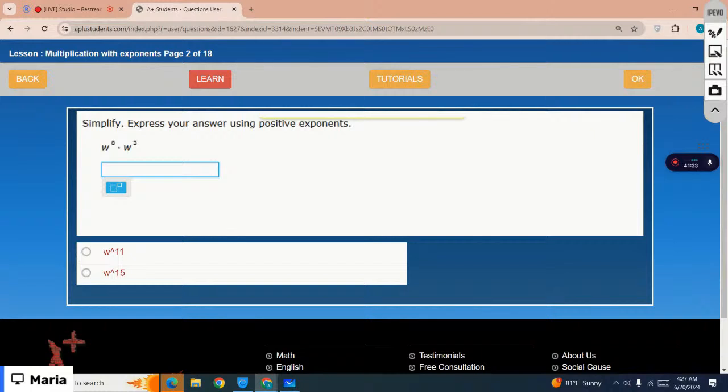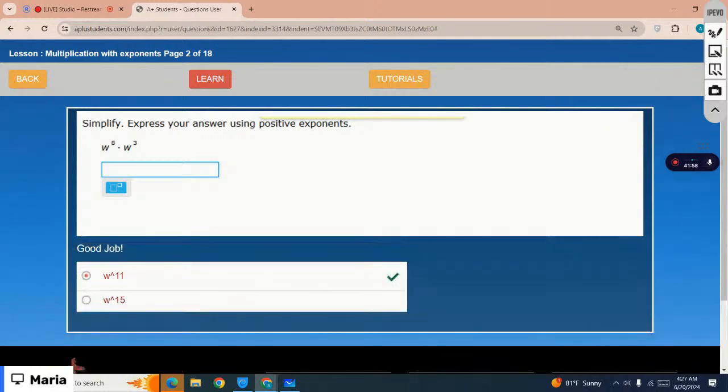W exponent 8 times W exponent 3. So which is the correct option? Yes, the correct option is W exponent 11. Option number 1 is the correct option.